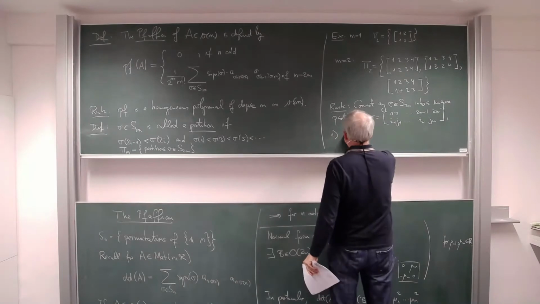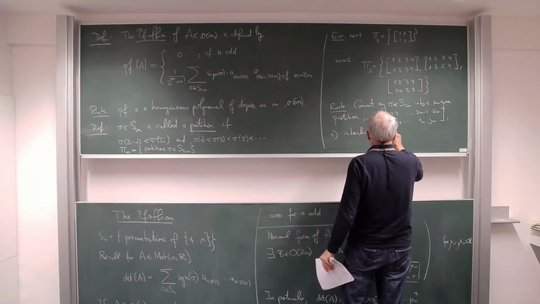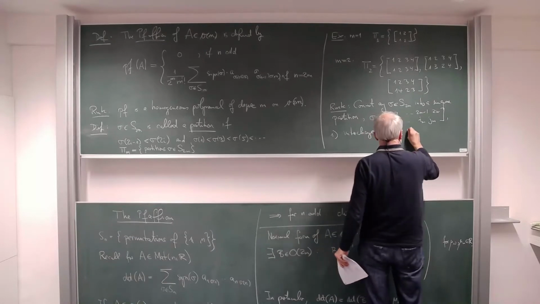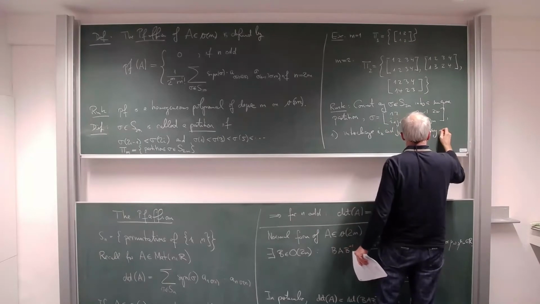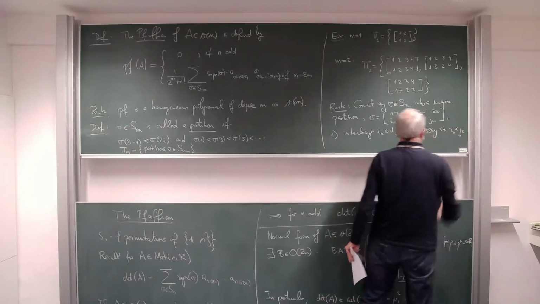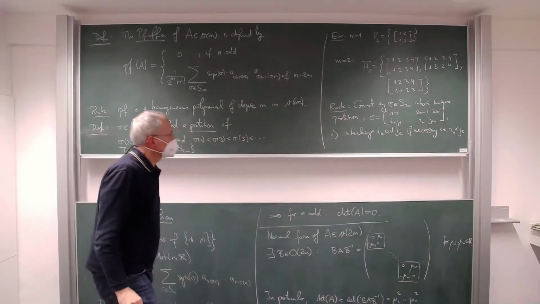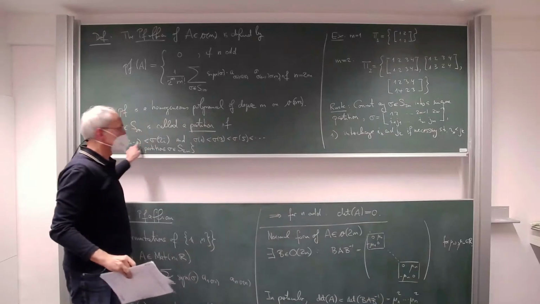So interchange IK and JK if necessary, such that IK becomes less than JK. That's one thing you can do. And then all the pairs are in the right order, so these conditions are all satisfied.